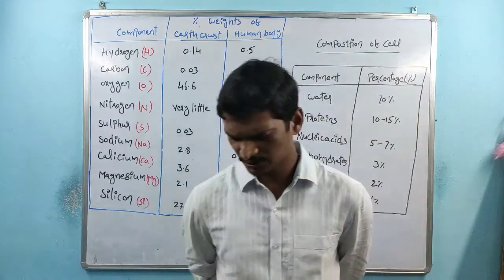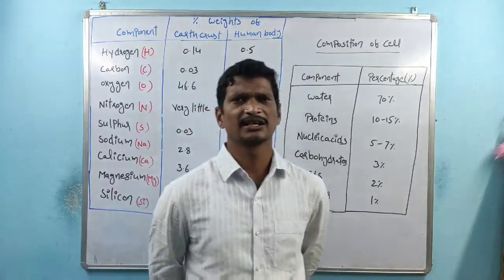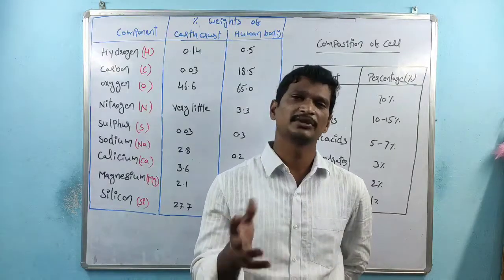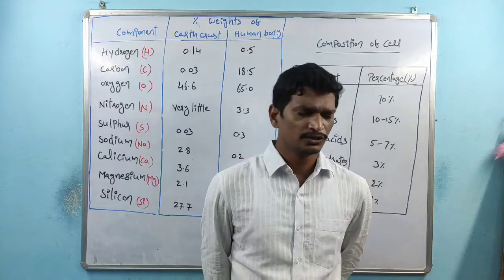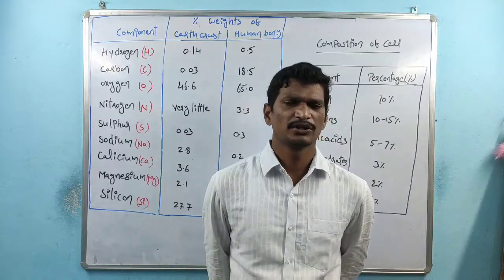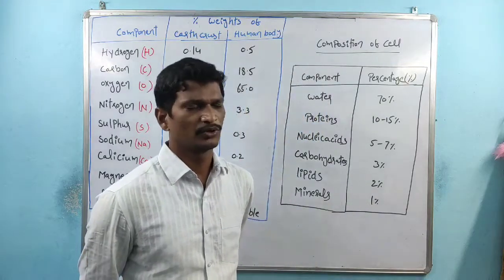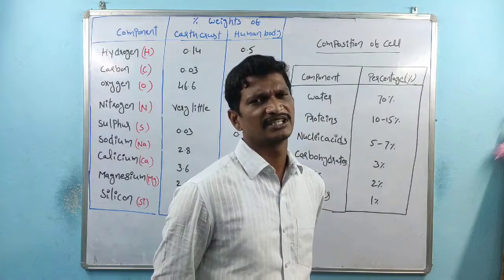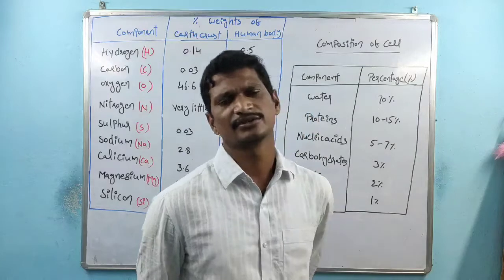Coming to this class, we are discussing the composition of the earth crust. The upper layer of the earth is called the crust. Today we are discussing the composition of the crust and the composition of the human body. We know everything is made up of basic elements like carbon, hydrogen, oxygen and nitrogen.